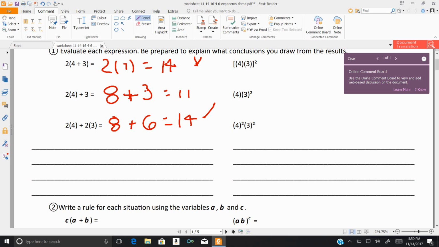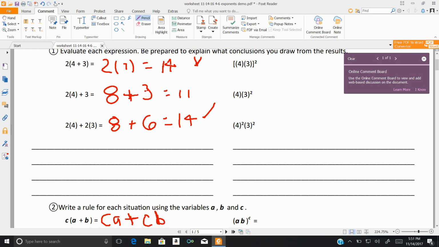And we did that in rules. If we look down at the rules down here, C times the quantity A plus B equals C times A plus C times B.